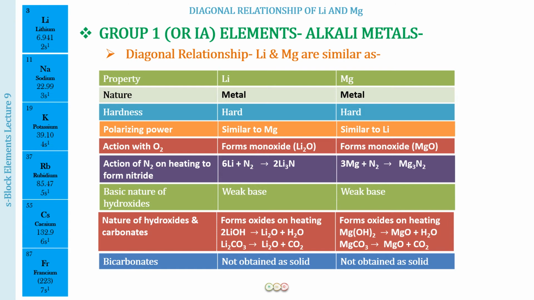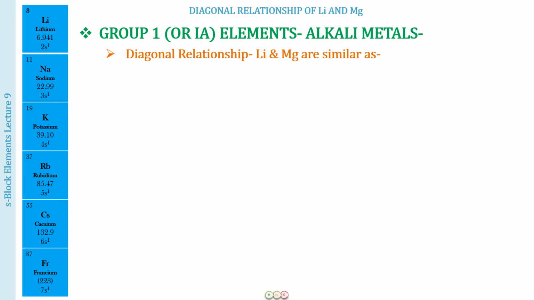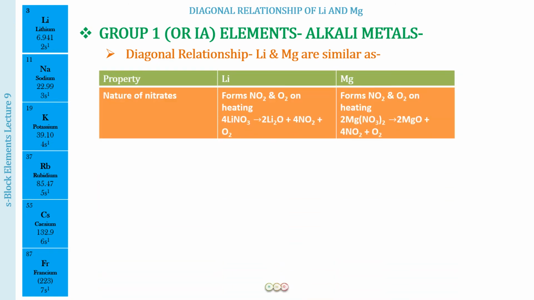So lithium is one exception from the alkali metals, and magnesium is a group 2 element, so no solid bicarbonates. Both of them will not be having solid bicarbonates. Which are the ones which have solid bicarbonates? It is going to be the group 1 elements except lithium, and along with that ammonium bicarbonate.